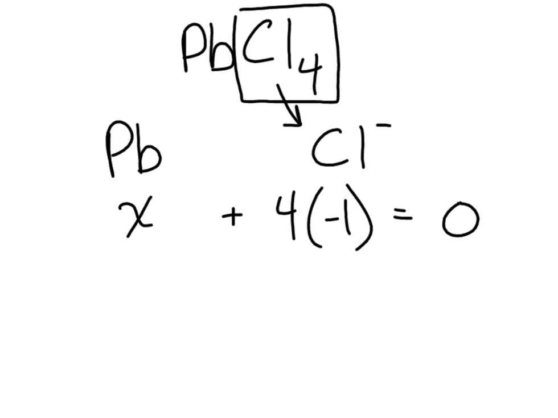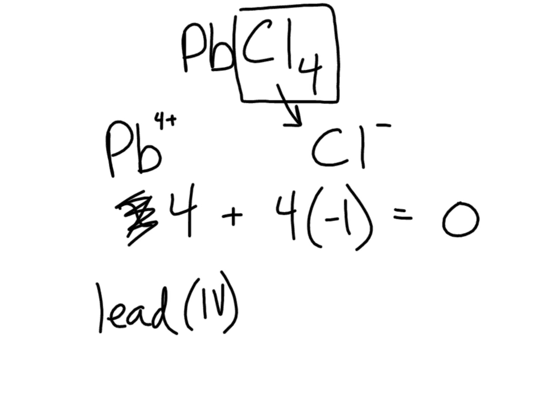So looking at this, this is -4, plus x plus -4 is 0. That means lead is 4 plus. If I was to write the name out of this compound, it would be lead, Roman numeral 4, chloride. Okay? Like I said, it's pretty basic.